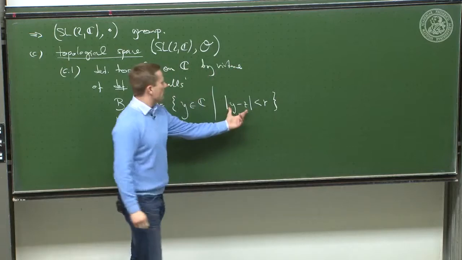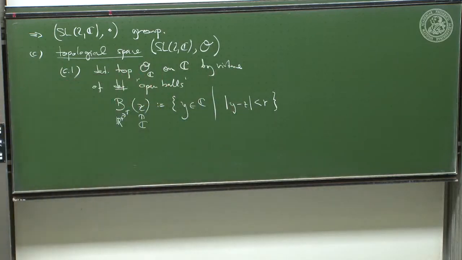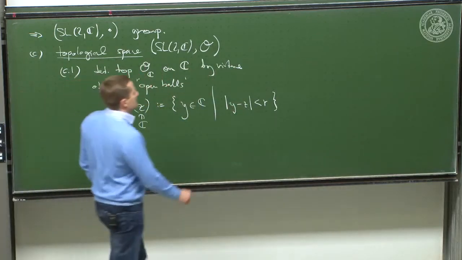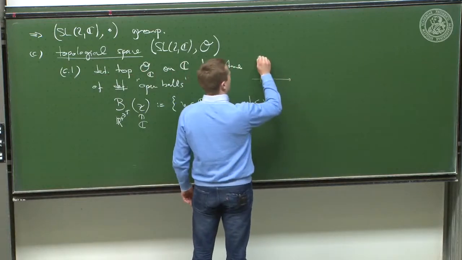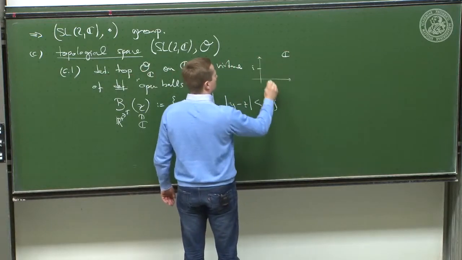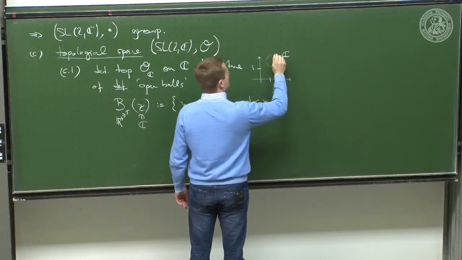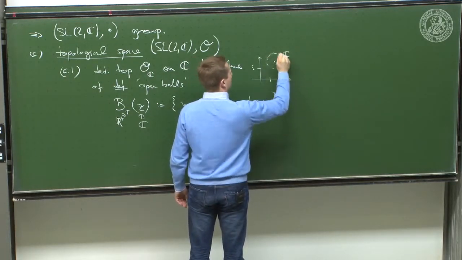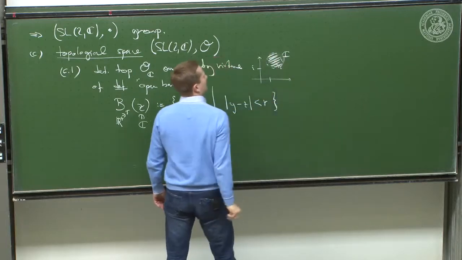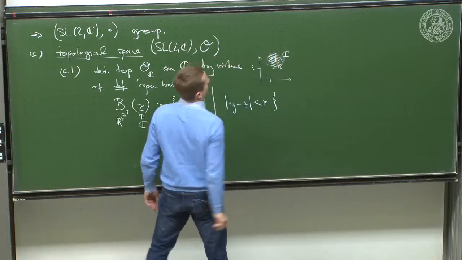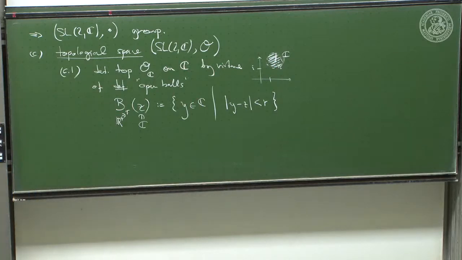And this is now, of course, the absolute value on the complex numbers. But obviously, if you go to the complex plane, this is the point z. It's without the boundary. It's all the complex numbers in here for a positive radius r.